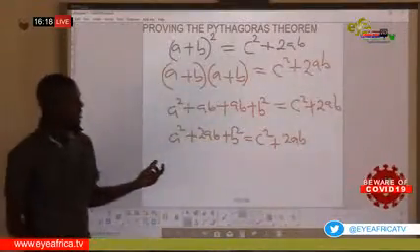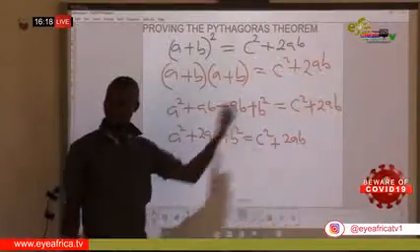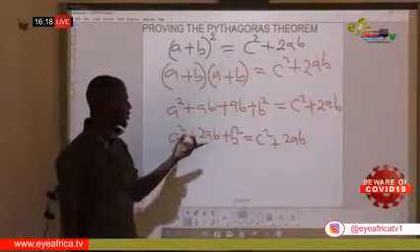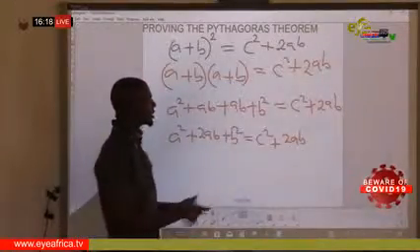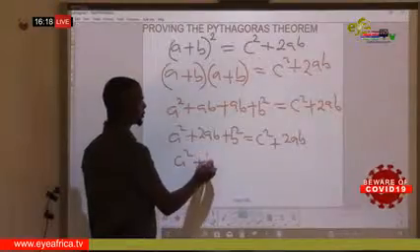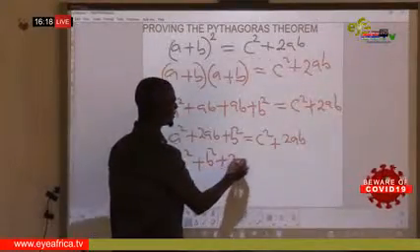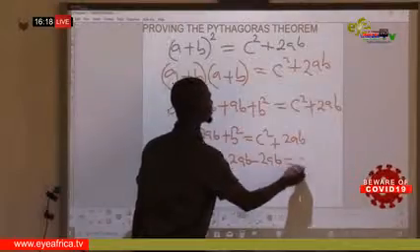Now look at this properly. You can see like terms in it. Transpose the 2ab to this other side because this 2ab and this 2ab are like terms. So if we have to transpose it, we will have a square plus b square plus 2ab minus 2ab. This is equals to c square.